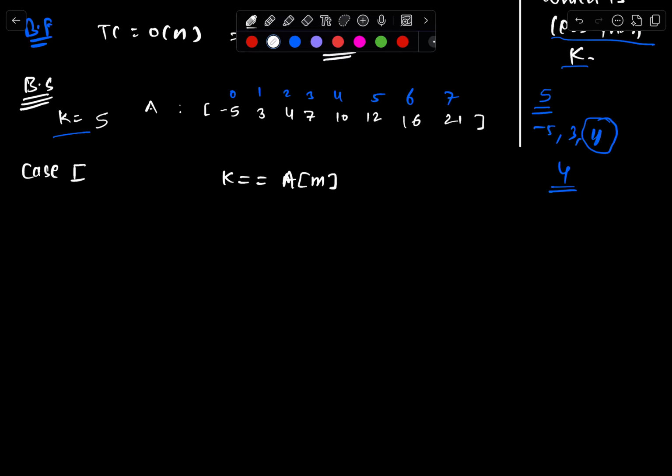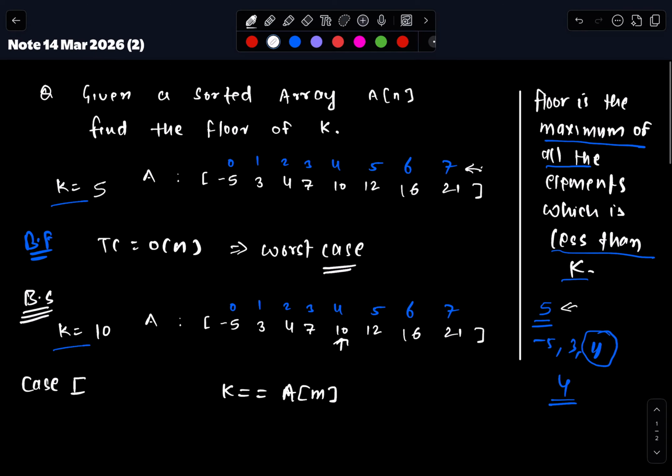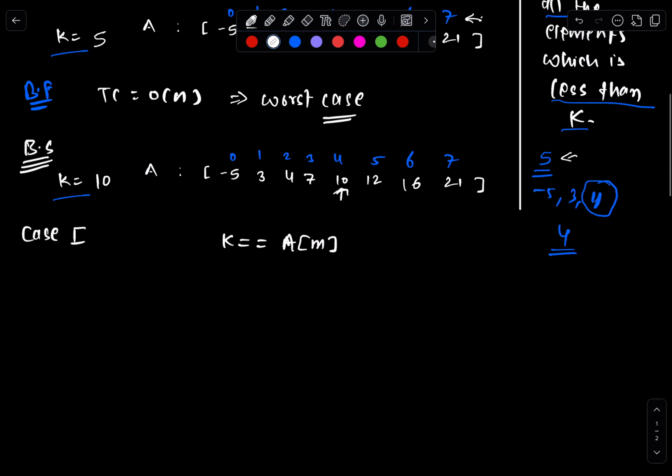If my target is equal to the middle element, a of m, what do we need to do? Let's say the target is 10. This is my target, and this is my middle element. If my target is 10, is it the answer? Just think about it. So what the floor is saying, let's check once again: maximum of all the elements which are less than K. So we have to find all the elements which are less than the target.